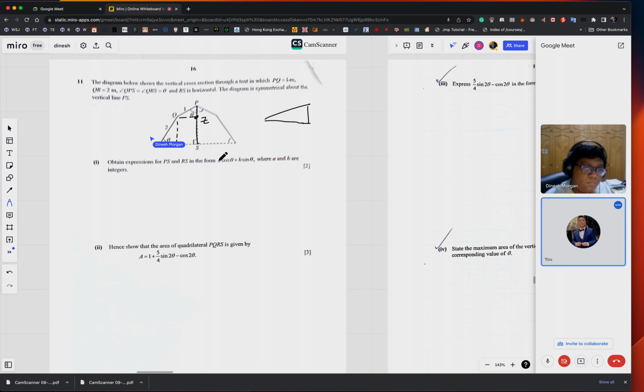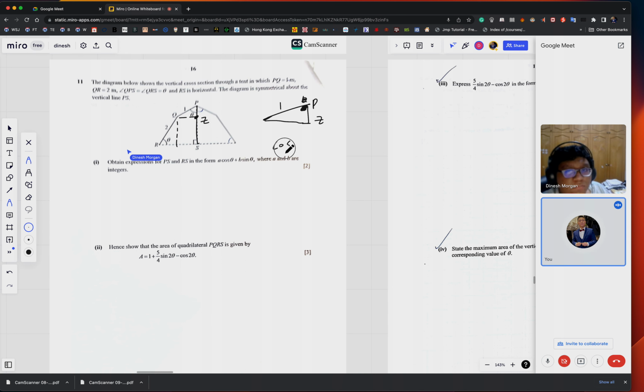I call it the Z point. So I think you can find PZ, right? This is theta. Then this is 1, so this is your adjacent, right?